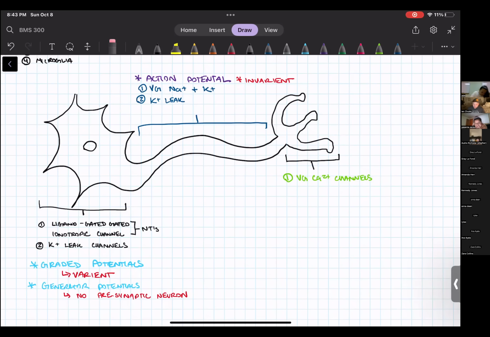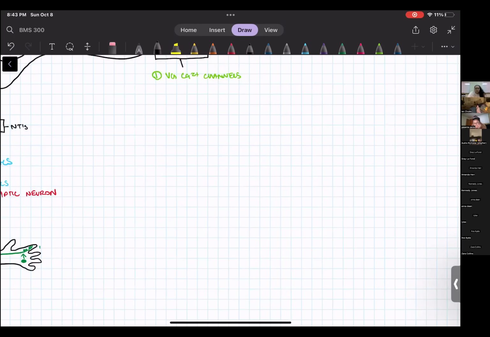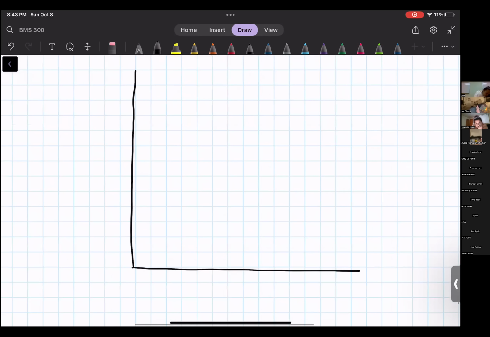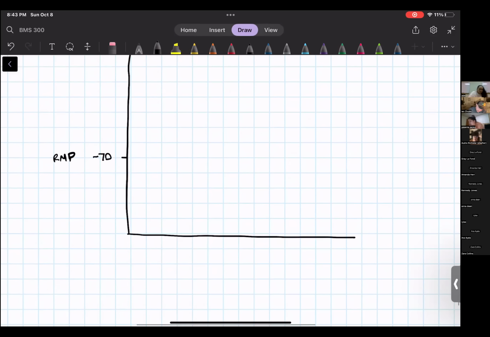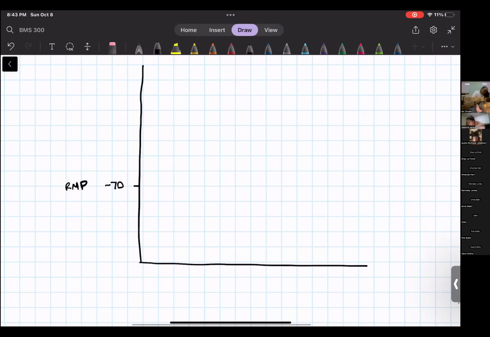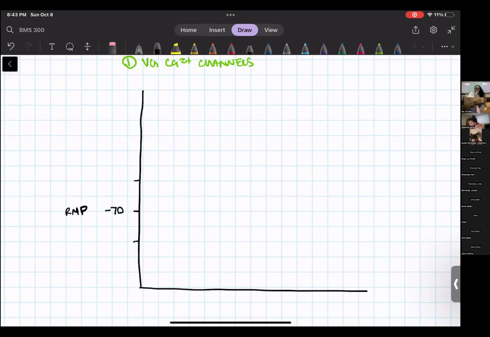Okay. Now that we have this, let's go to the action potential graph. It's very important to know. So value-wise, -70 is our resting membrane potential. What's the equilibrium potential for potassium? -98.